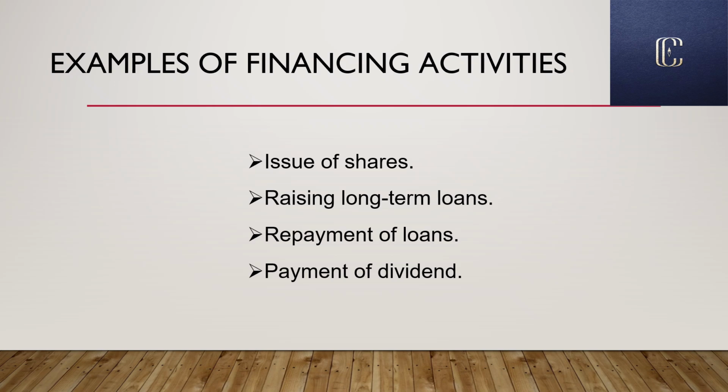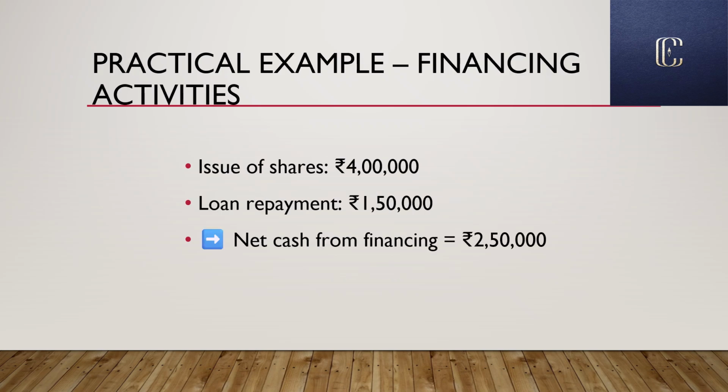Let us discuss the practical example. Let us calculate the financing cash flow for the transactions: issue of shares of rupees 4 lakh and loan repayment of rupees 1 lakh 50,000. The step-by-step calculation: cash inflow, the issue of shares.